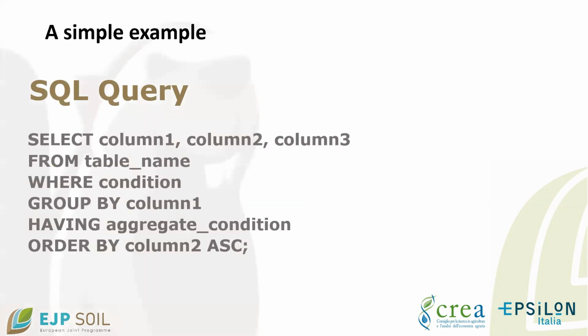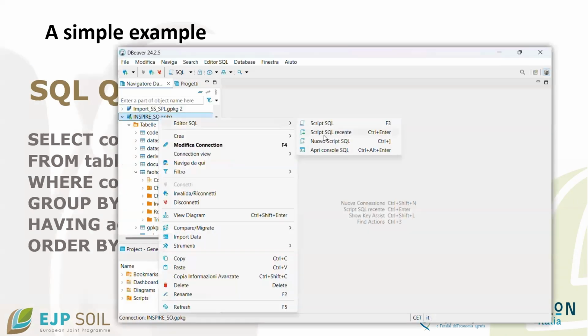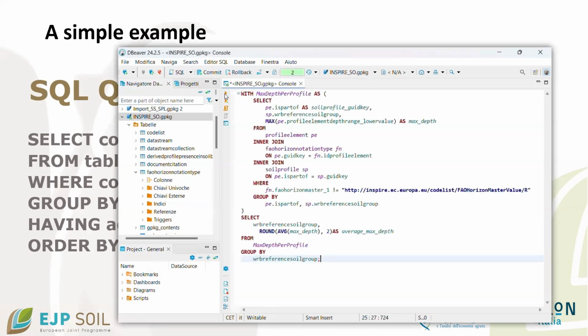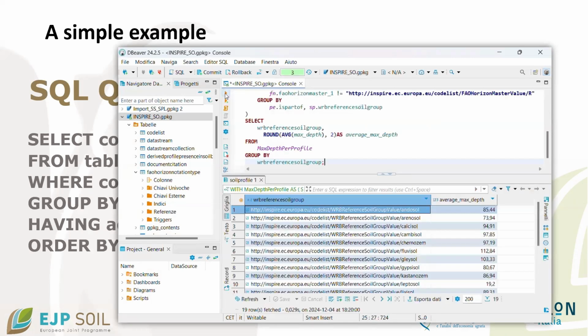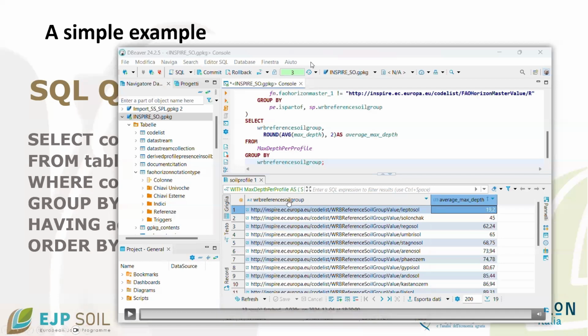So let's start with the DBMS. We wrote down a query. Then we opened DBeaver and connected the INSPIRE-SOIL Geopackage. And then we opened the console, wrote down the query, and ran it. And as you see in the lower part of the slide, the results are shown: the average maximum depth by WRB reference soil group.